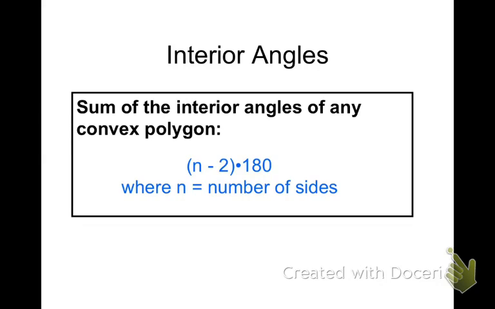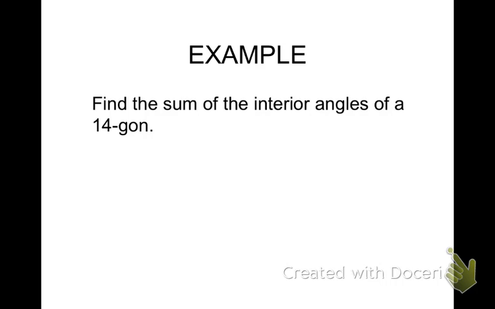So, using that formula, we should be able to find the sum of the interior angles of any sided polygon. So, for our first example, find the sum of the interior angles of a 14-gon. So, what are we going to do? We're going to do 14 minus 2, and then we're going to multiply that by 180.